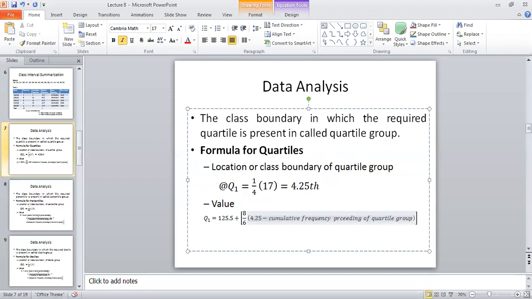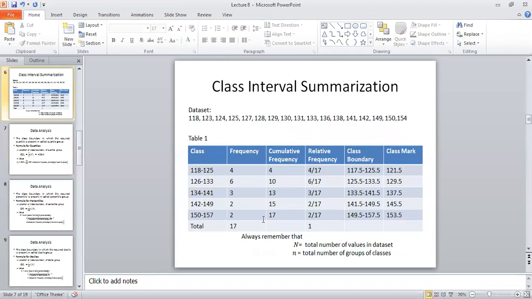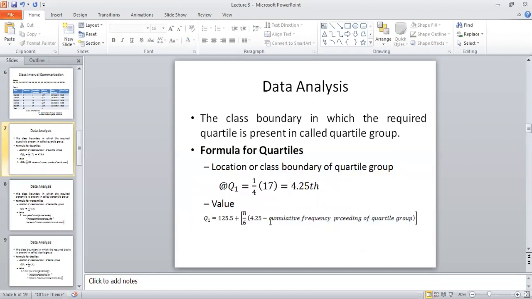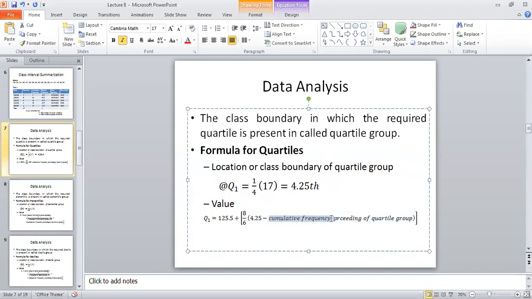And the cumulative frequency preceding the quartile group: our quartile group is the second class, and preceding means coming before, so this is 4. So we replace this factor with the value 4.